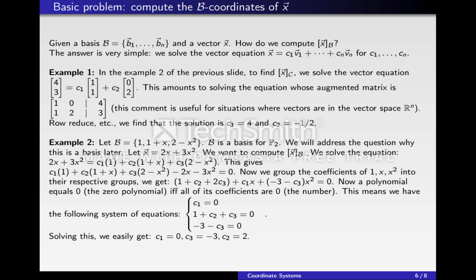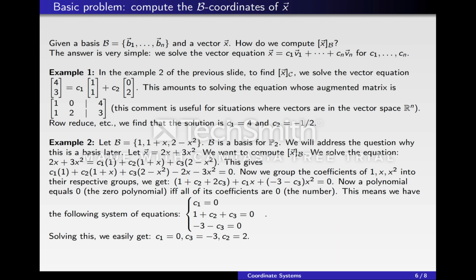So we'd like to compute the B coordinates of the x vector, and so we solve the equation x equals c1 times 1 plus c2 times (1 plus x) plus c3 times (2 minus x squared). How do we solve this equation?